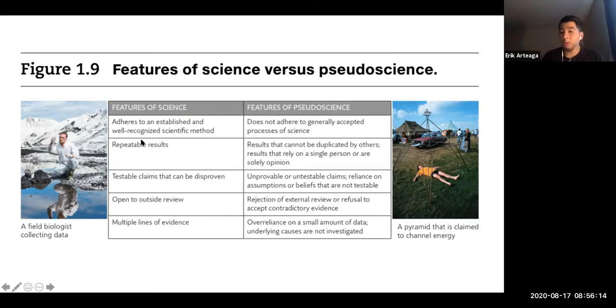We do have repeatable results, so other people can perform your tests and get the same outcome, whether that lab is in New York or in LA or in the Central Valley. They can do that test no matter where they're at, and they're going to get the exact same results every time. Then, testable claims that can be disproven. This means you have all the data, all the background, and all your paperwork in a row to show what you've done.